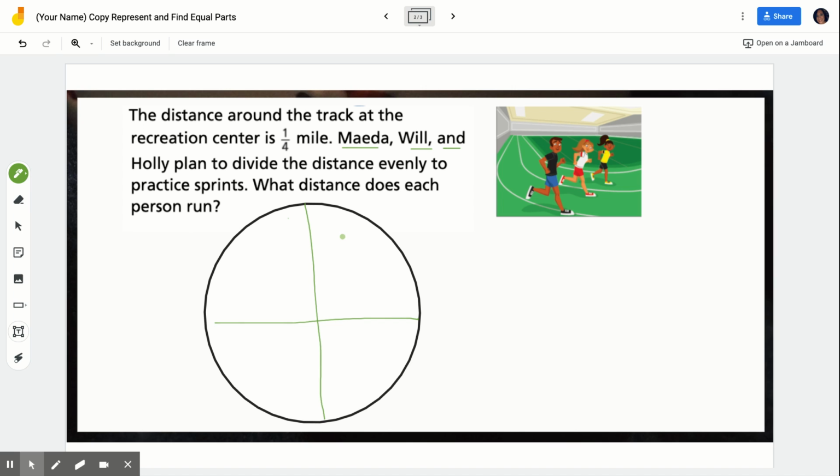So if Maida, Will, and Holly plan to share or divide, it tells us divide right here, divide the distance evenly, then I need to divide this area 3 times. So this is going to get 3 more lines to divide it.